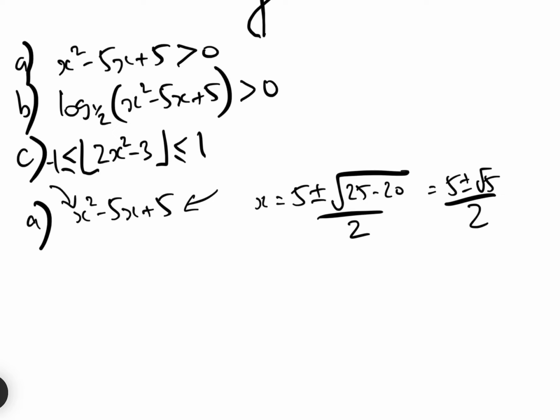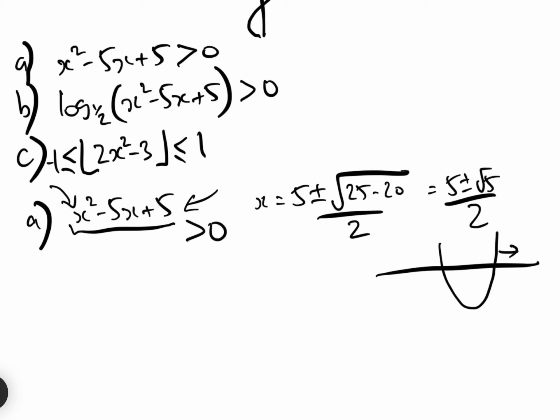Because the coefficient of x squared is positive, we know it looks like that. So this is greater than 0 when x is greater than 5 plus root 5 over 2, or less than 5 minus root 5 over 2.